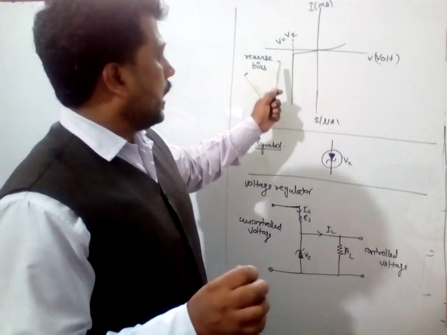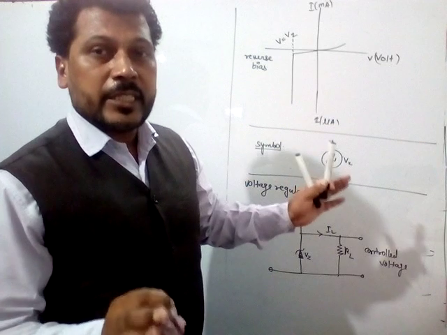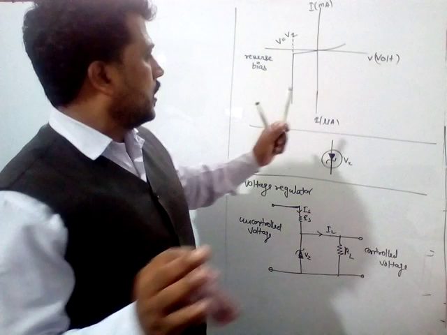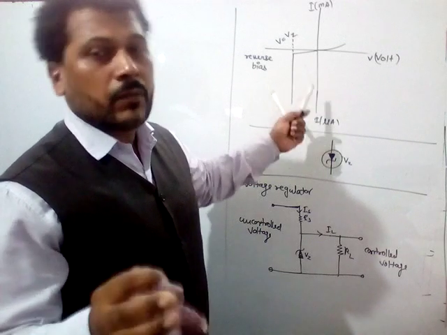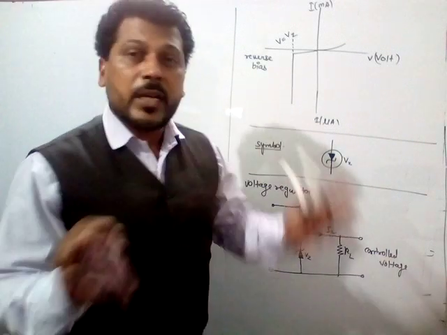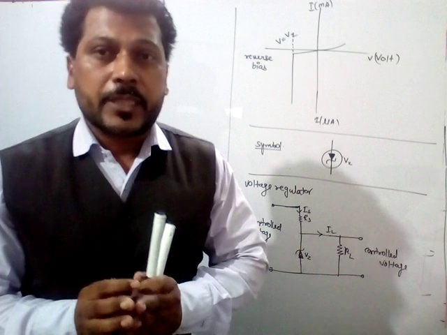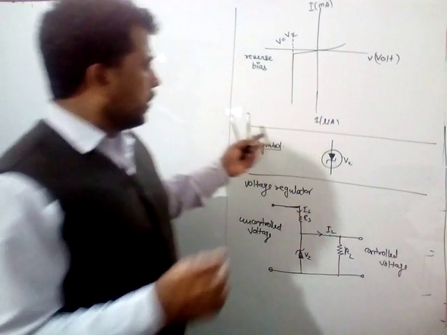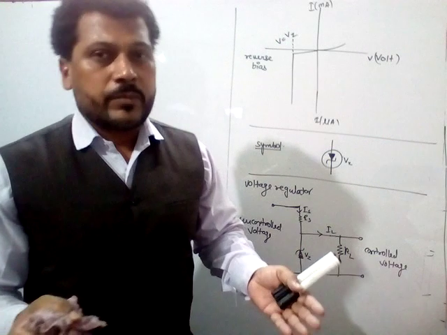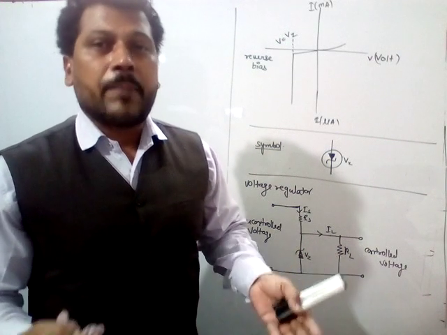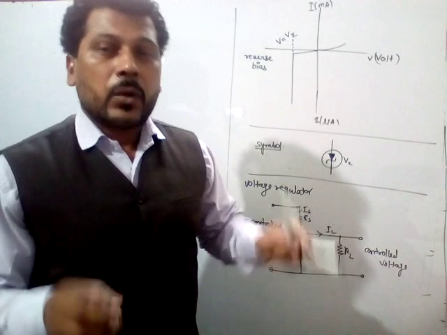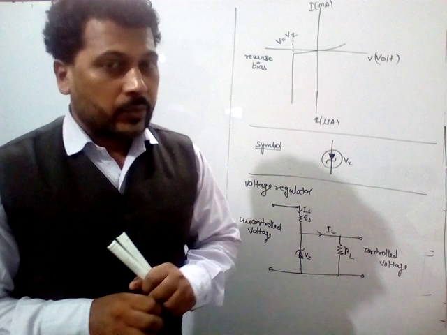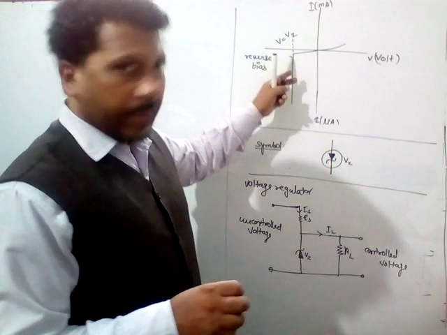So we can say that it is the avalanche voltage or reverse breakdown voltage, or Zener voltage, and it works as a voltage regulator or voltage controller. Okay, so a Zener diode is a specific type of junction diode which was invented by Zener, and it works in the breakdown region.